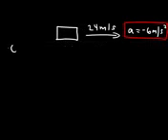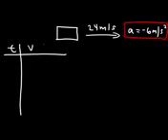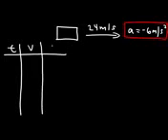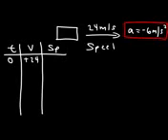So this time, we're going to make a table with time, velocity, and I'm going to use SP for speed. At t equals 0, the velocity is positive 24. And remember, speed is the absolute value of velocity, so the speed is positive 24.